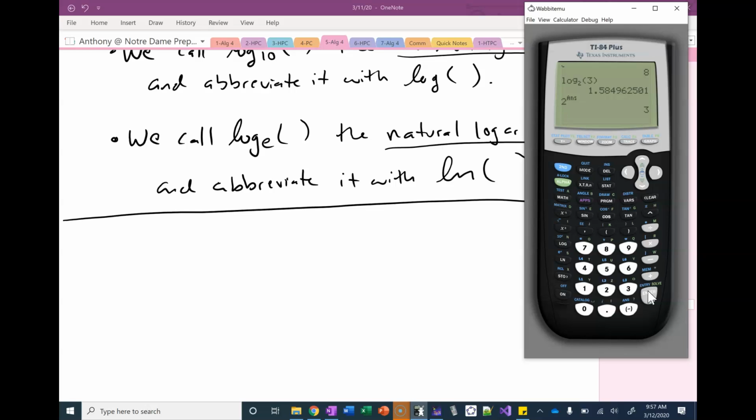So what the logarithm is giving us is the exponent for an exponential equation, right? Log base 2 of 3 is saying, what power of 2 gives me 3? Well, 1.58 and so on. Is everybody okay with that idea? You guys feel good about using the calculator to do stuff with the logs so far? Okay. Good.